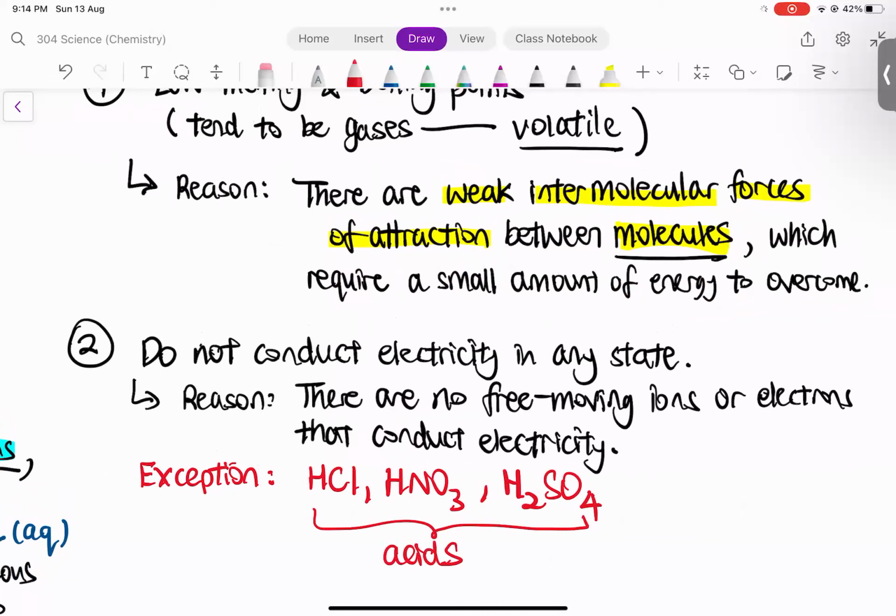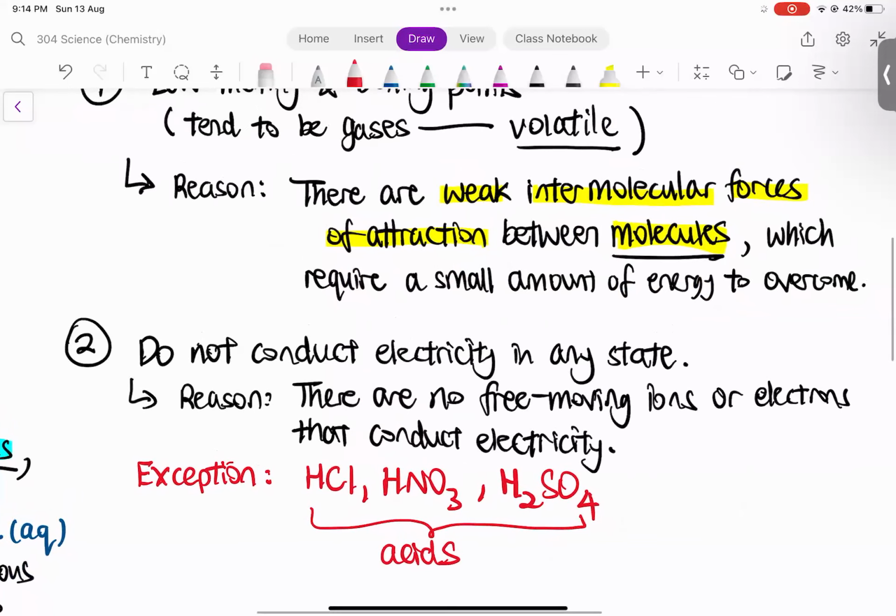So we remember hydrochloric acid is HCl, nitric acid HNO3, sulfuric acid H2SO4. These are covalent substances. They are covalent molecules. However, they do conduct electricity.